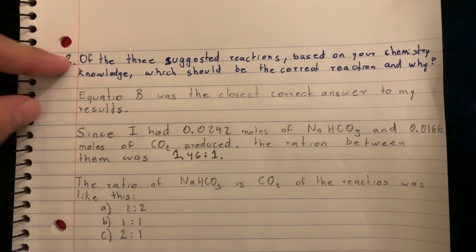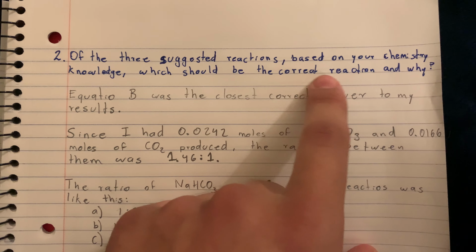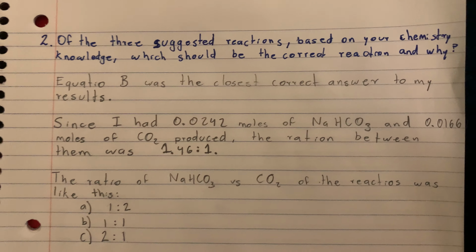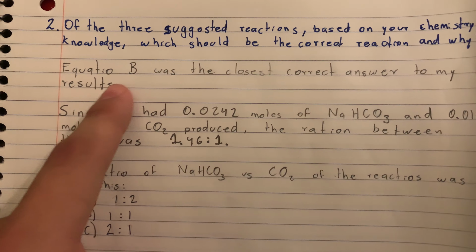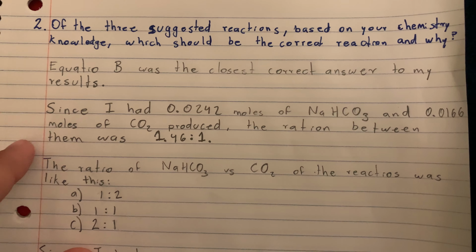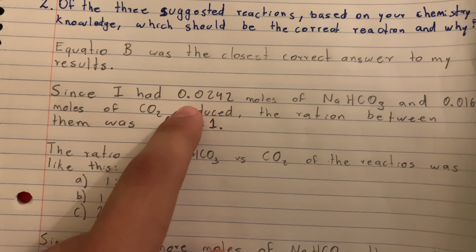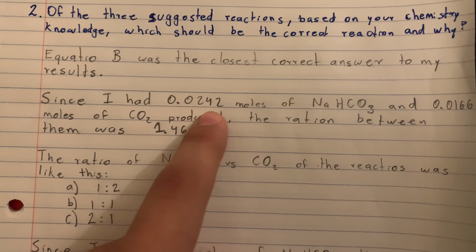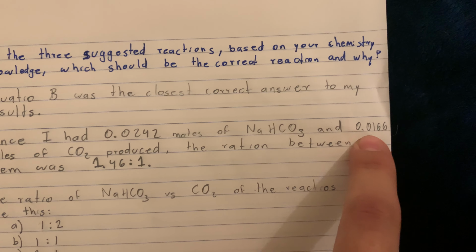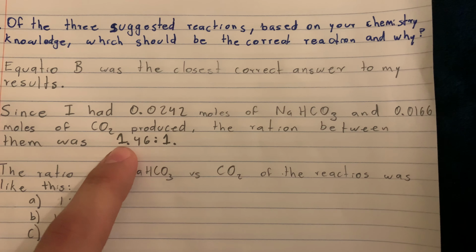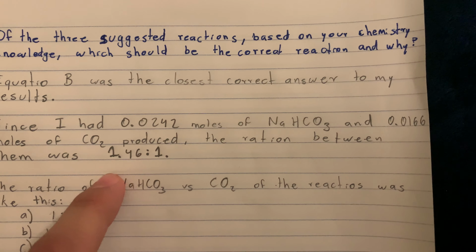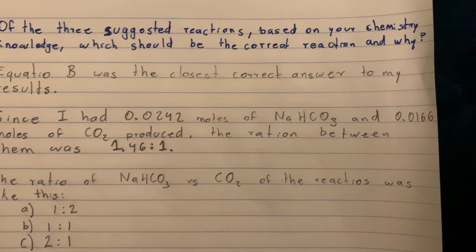It says, of the three suggested reactions, based on your chemistry knowledge, which should be the correct reaction and why? So I said equation B was the closest correct answer to my results. Since I had 0.0242 moles of sodium bicarbonate and 0.0166 moles of carbon dioxide produced, the ratio between them was 1.46 to 1.